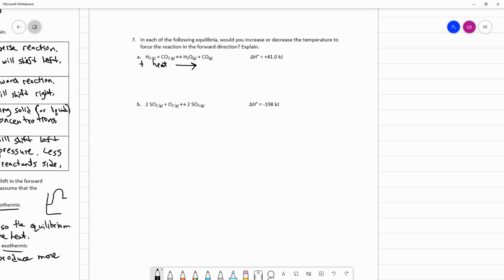So adding more heat would essentially add more reactant, which will cause the reaction to go further right to use up the heat. So in this case, you'd want to add more heat or increase the temperature of the reaction.